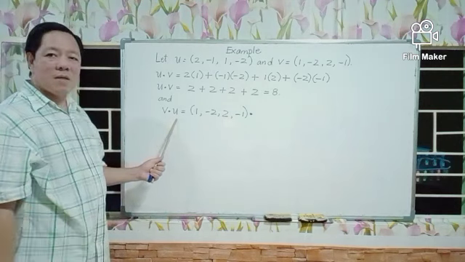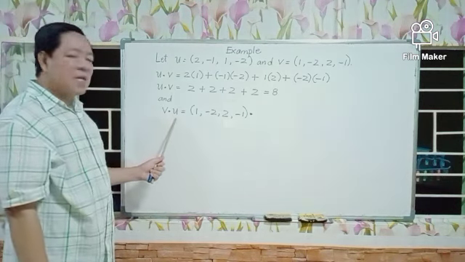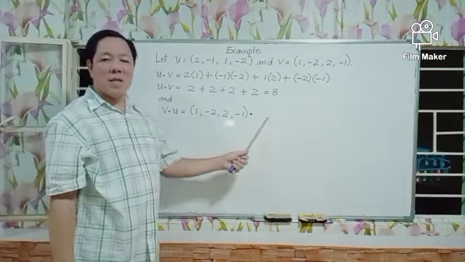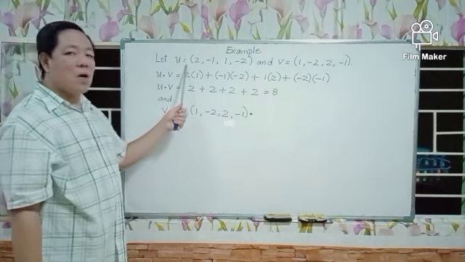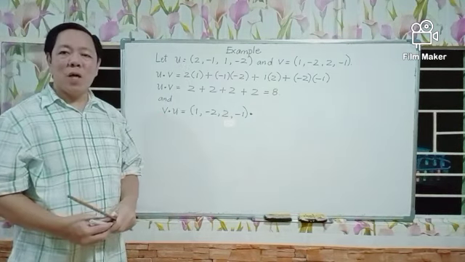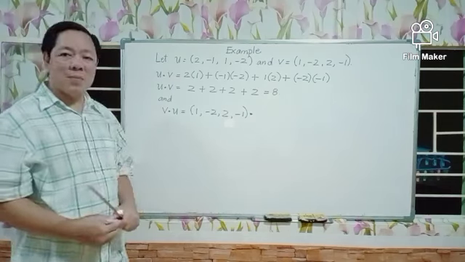And we get the dot product of v and u. We now write the vector u with coordinates 2, negative 1, 1, and negative 2.